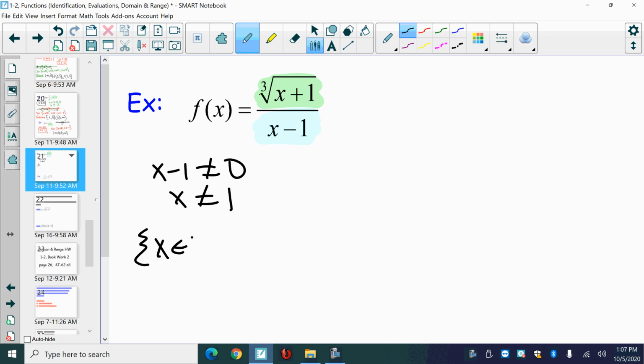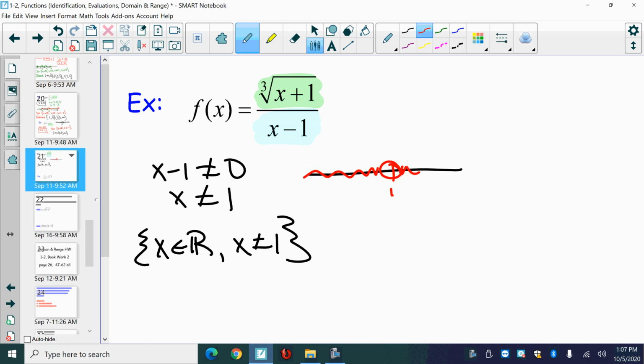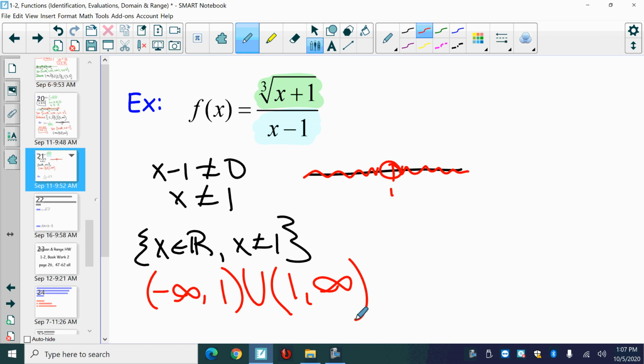So x is an element of the reals, and x cannot be 1. If I graph this, here's 1, it is open, and I shade both left and right, so that is going to be parenthesis, -infinity to 1, parenthesis, union, parenthesis, 1, all the way to the largest number, infinity.